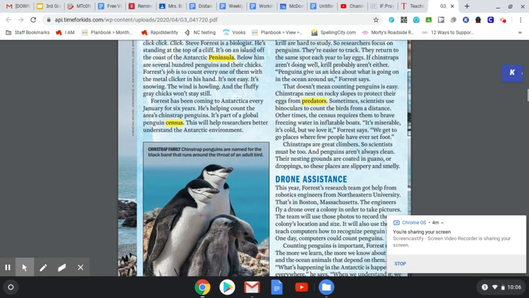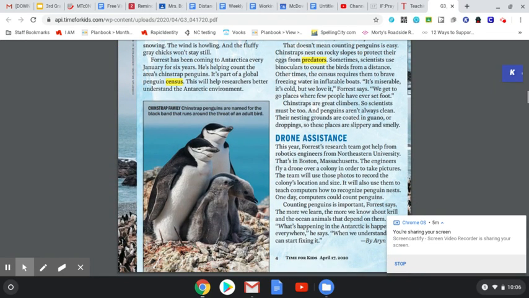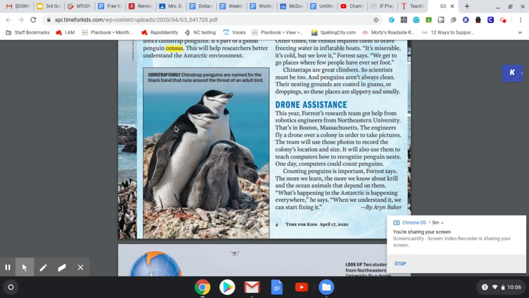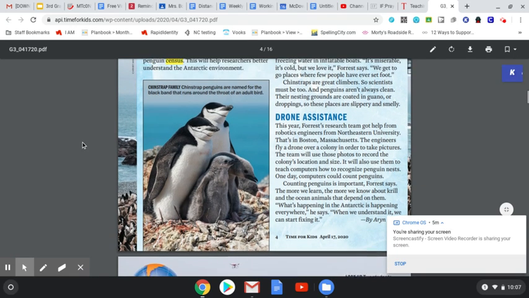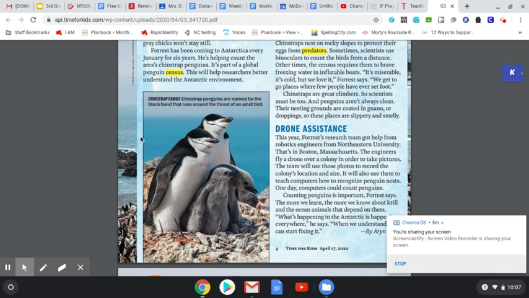Okay. Oh, and then when I scroll down, I see a really big text feature. It's got a picture, and right here it says chinstrap family. Chinstrap penguins are named for the black band that runs around the throat of an adult bird. Okay, so it actually shows me the kind of penguins that Steve Forrest is counting, and it explains why they are called chinstrap penguins.